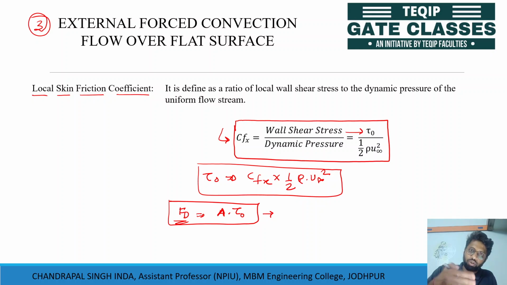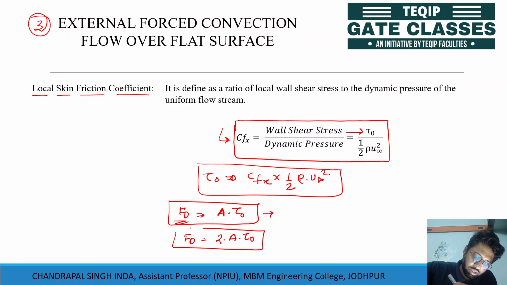If the flow is on both sides of the plate, then the drag force will be calculated with twice the area, as the surface area is increased by two sides of flow. So we have to remember that the local skin friction coefficient is equal to the wall shear stress divided by the dynamic pressure.